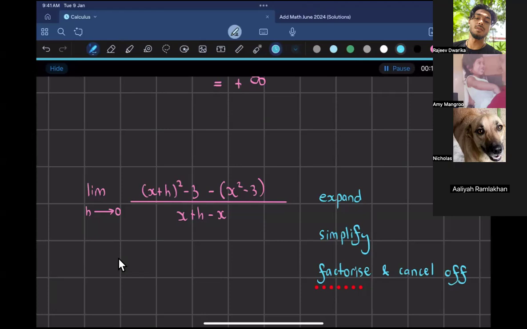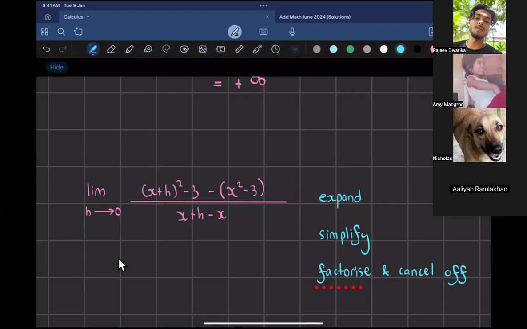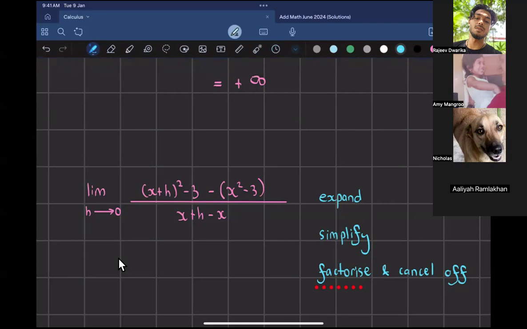Amy, did you expand the brackets? Yeah. Okay, cool. Did the x squareds cancel off? Yeah. Nice. So you remain with h. H alone is the only variable.